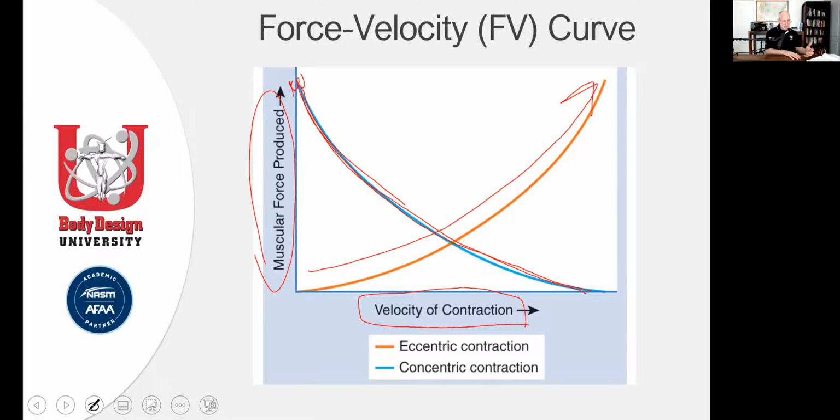Now, of course, as I increase the speed of the eccentric contraction, there's going to come a point where I'm no longer really eccentrically contracting the muscle, and now I'm just dropping it. But the point is that I can let 80 pounds down faster, right, than 60 pounds slower.